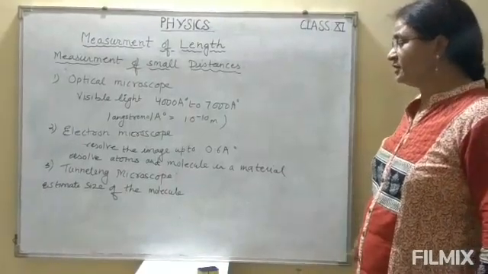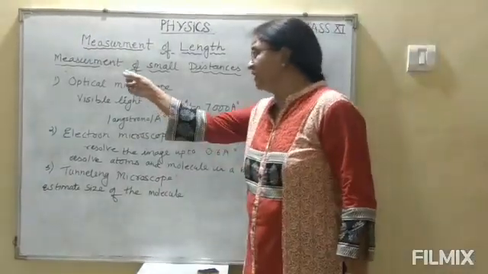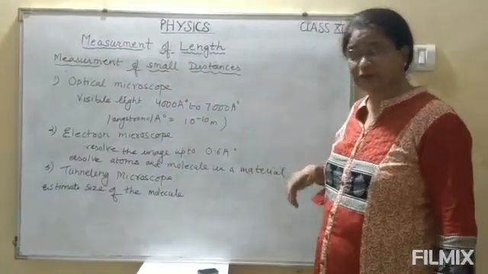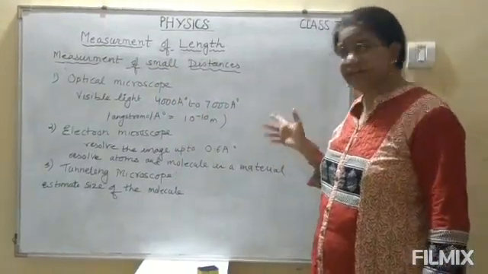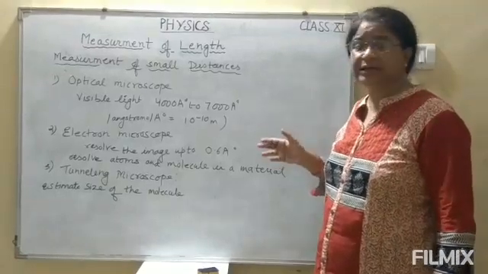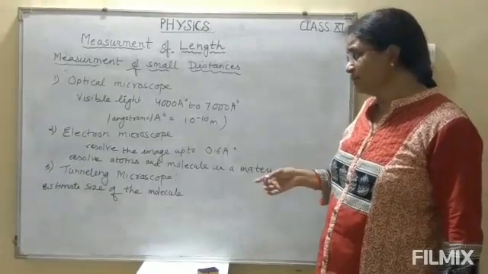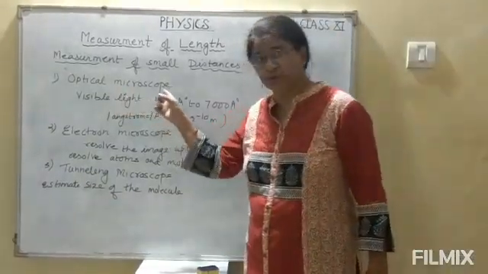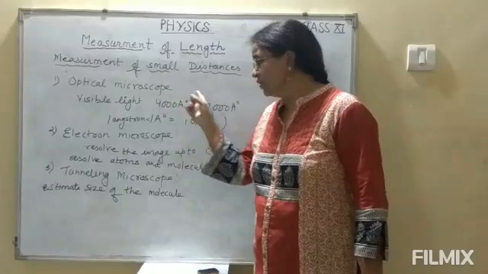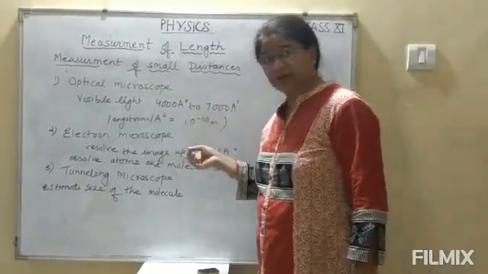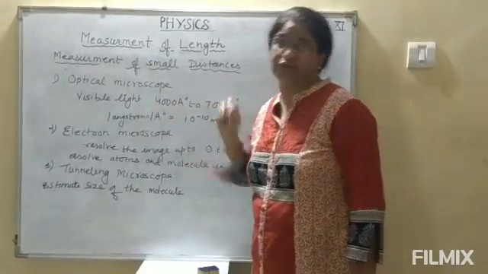My dear students, in the same way we can measure very small distances in physics. There are various methods through which we can measure very small distances. For example, the optical microscope, because in an optical microscope visible light is used.